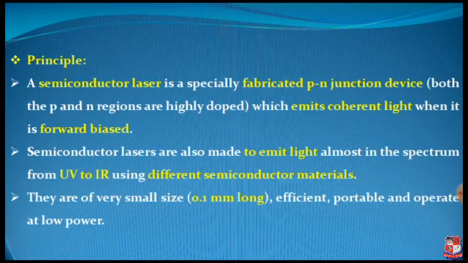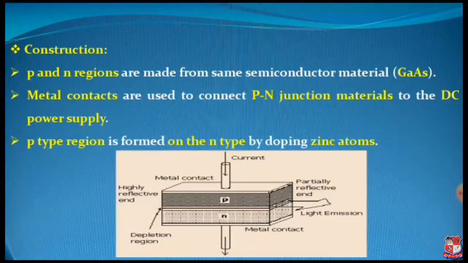The working of the semiconductor laser is limited to the UV to IR spectrum. The semiconductor laser is advantageous because of its very small size, likely 0.1 millimeter long. It is efficient, portable and operates at very low power.